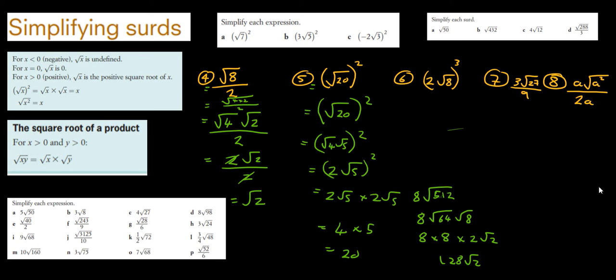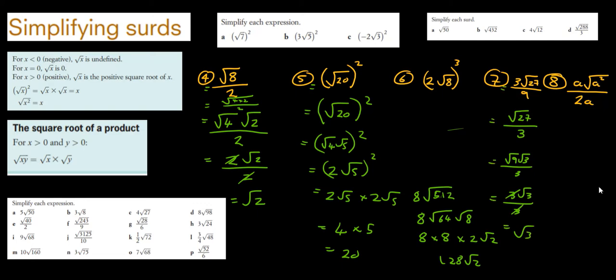Okay, so we can simplify 3 root 27 over 9 as this. We can simplify root 27 as the root of 9 times 3, so 3 root 3, and the 3 over 9 just cancels to give root 3.